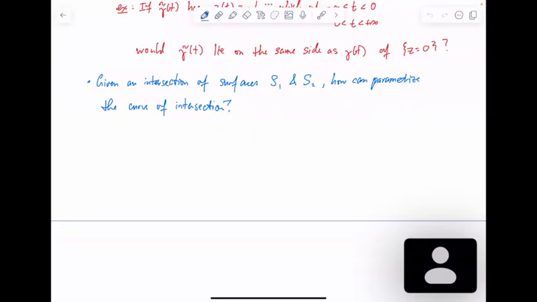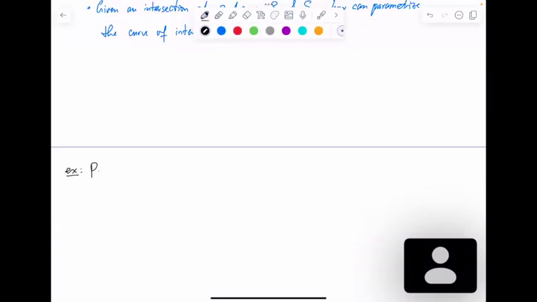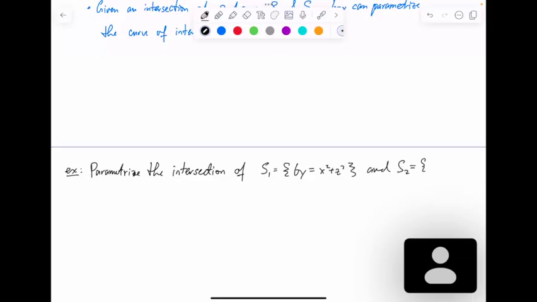So last time, here's where we left off. Parameterize the intersection of the surface S1, which was 6y equals x squared plus z squared, and S2, which is a plane given to you by y equals x. I drew this last time. Let's draw it here more schematically.